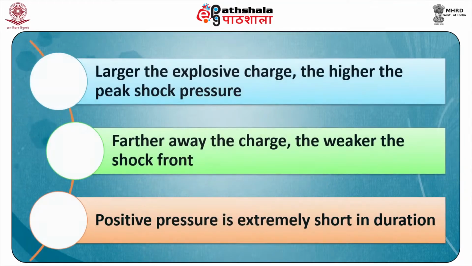The larger the explosive charge, the higher is the peak shock pressure at any given distance from the charge. Similarly, the farther away the charge, the weaker is the shock front. Positive pressure is extremely short in duration and usually lies in the range of microseconds or millionths of a second.